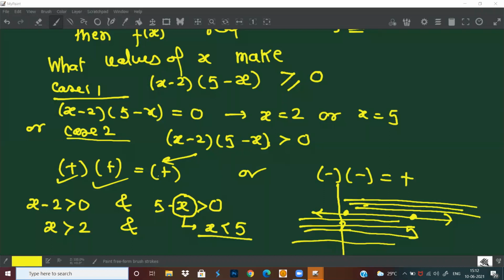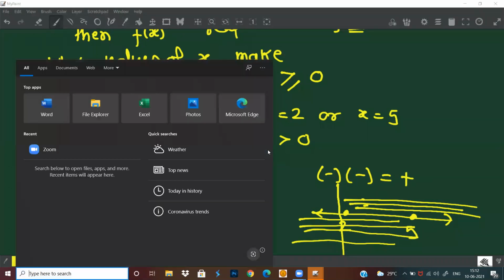Screen is frozen again. It's frozen again. 1 minute, please.